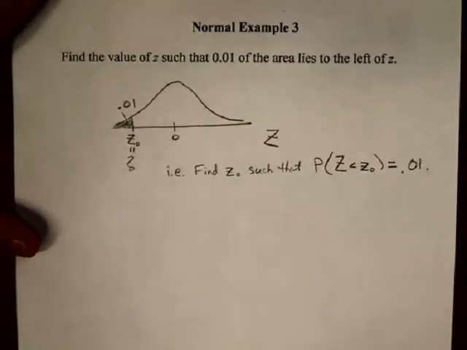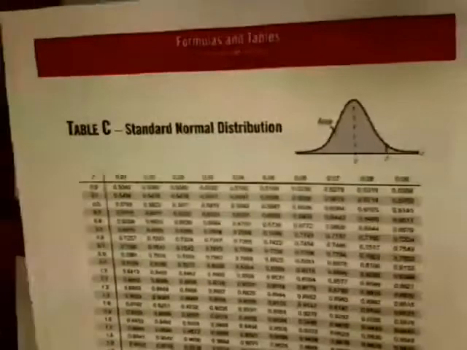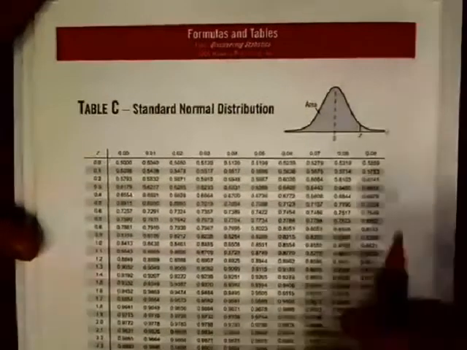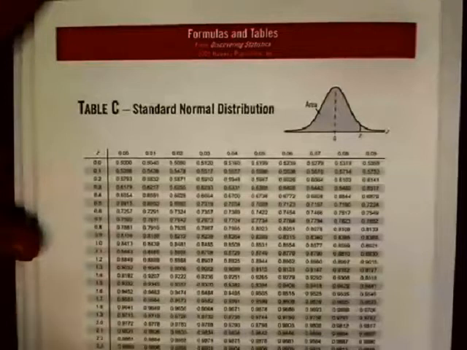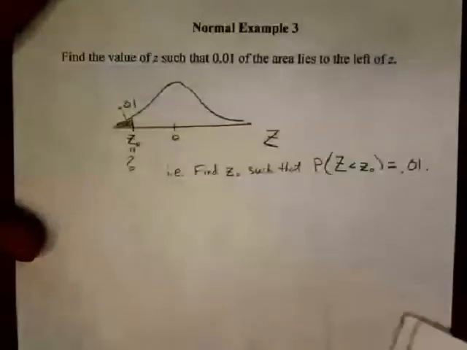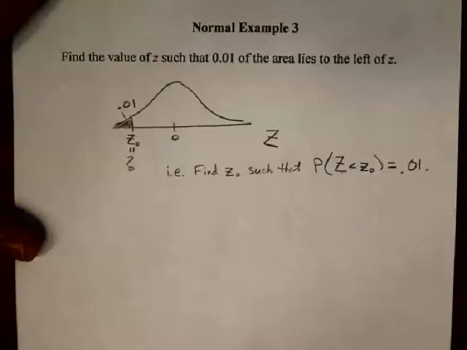If I look at table C here, again, the area is from negative infinity to some z-score. But it's just the z-scores to the right of 0, from 0 to 3.39.